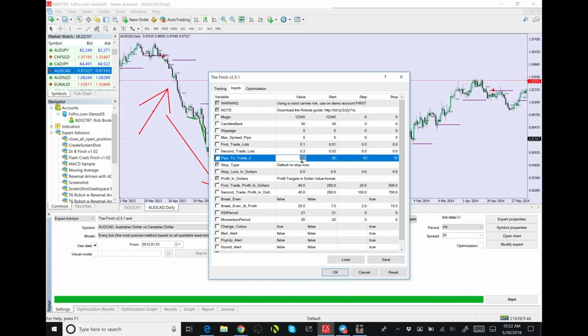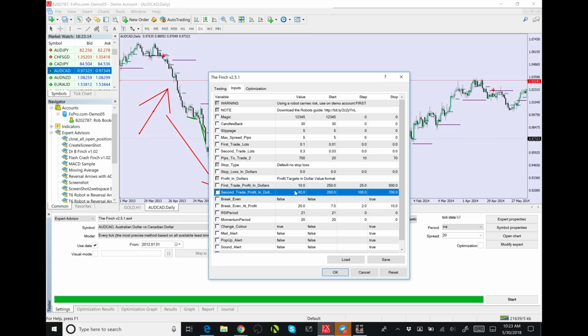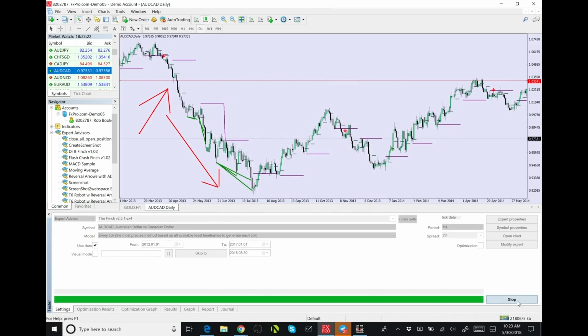I could wait until it goes against me 700 pips. And then I could say the first trade profit should be like 10, get out really quickly. But if it opens a second trade, I want $500 if it takes that second trade. And then we'll back test that and see how it happens.